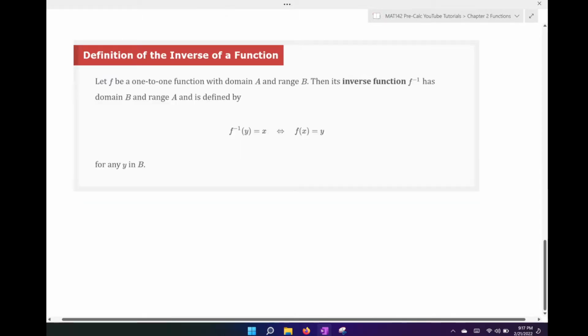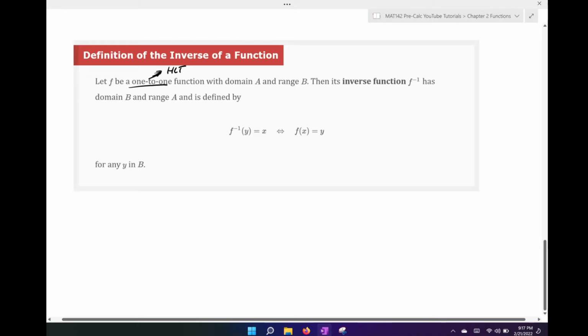All right, so now we've arrived to the big definition of this section, which is the definition of an inverse function. So first, you got to let f be a one-to-one function, meaning we pass that horizontal line test.